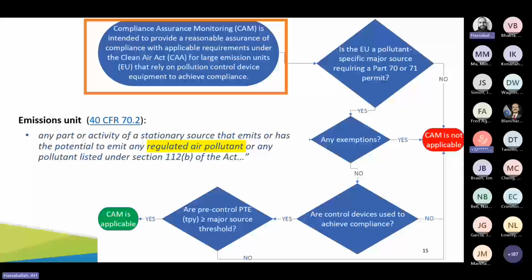And that is in part 64.1, it states that an emission unit has the same meaning as 40 CFR 70.2, which in turn says an emission unit is any part or activity of a stationary source that emits or has the potential to emit any regulated air pollutant or any pollutant listed under 112B of the Act.